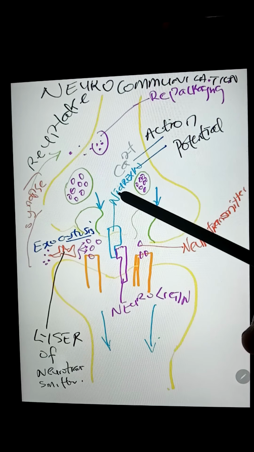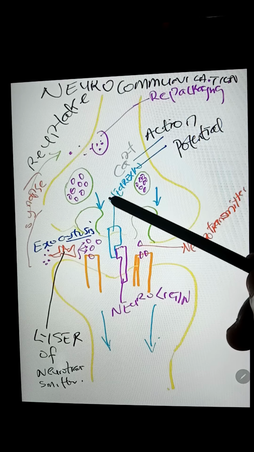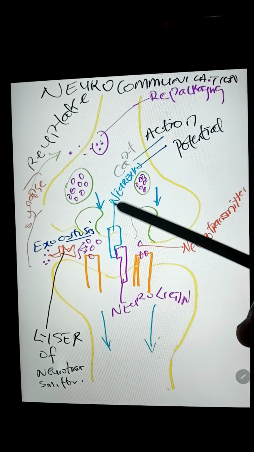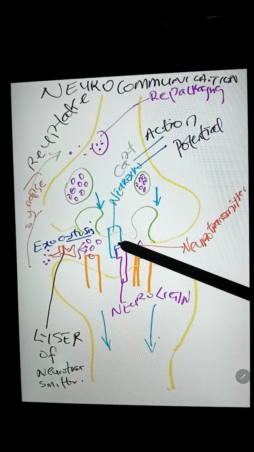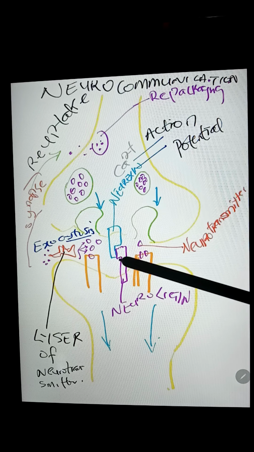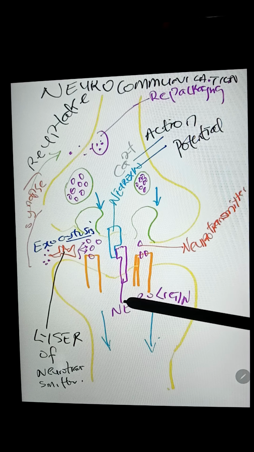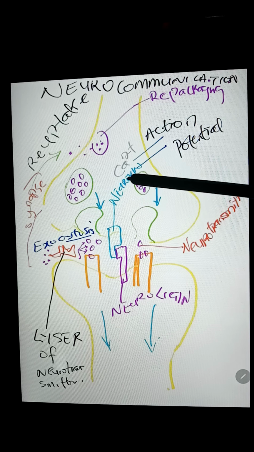They communicate. Now, we have genes coding for all these receptors or molecules or membrane substances. And now, defects in the genes coding for neuroligin or neurexin have been implicated in some forms of developmental disorders.